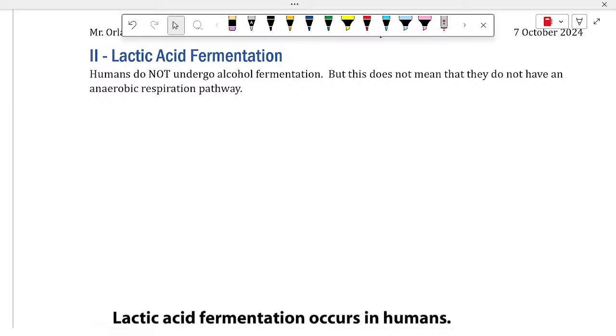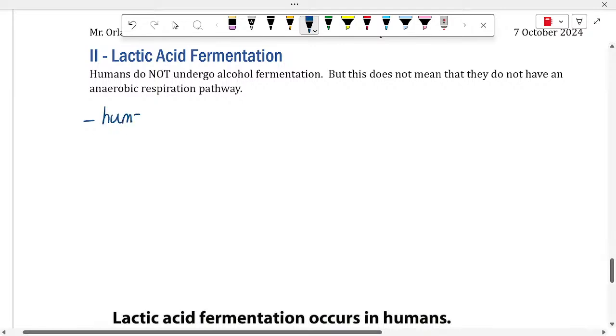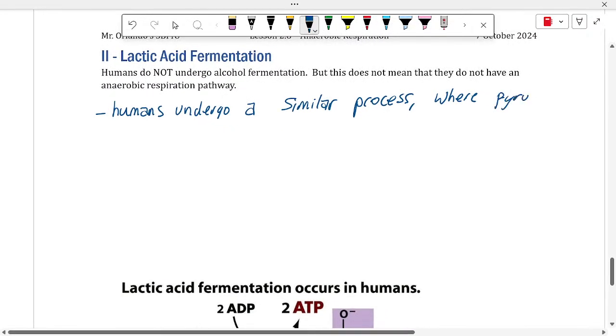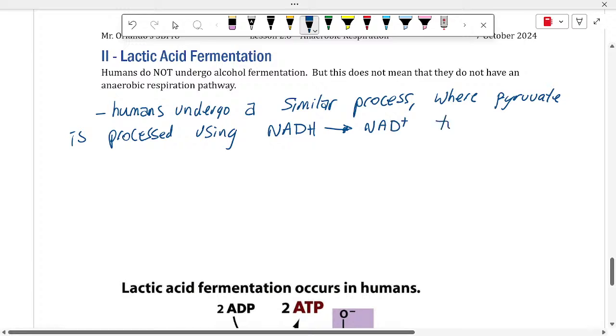So humans and some other bacteria and some other things, but we'll just focus on us for the time being, humans undergo a similar process, where pyruvate is processed using NADH being oxidized down to NAD plus to allow glycolysis to continue.